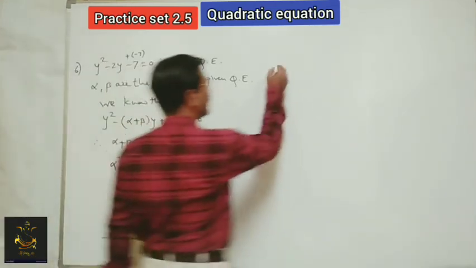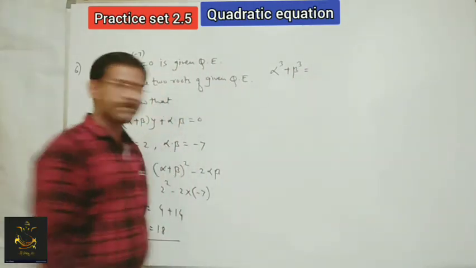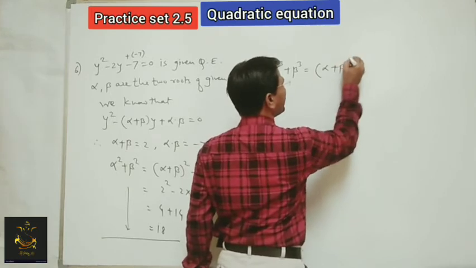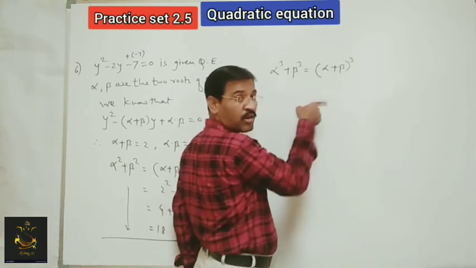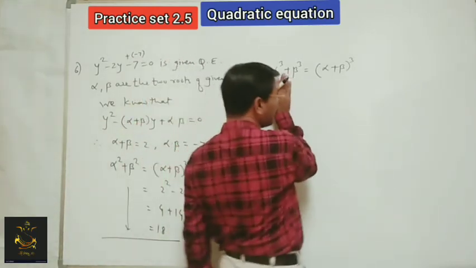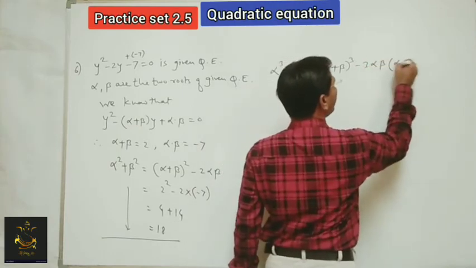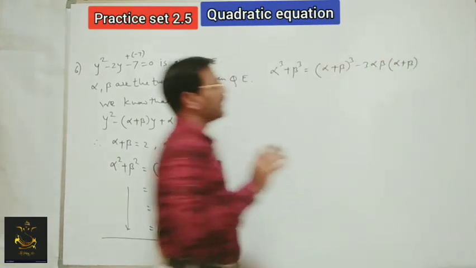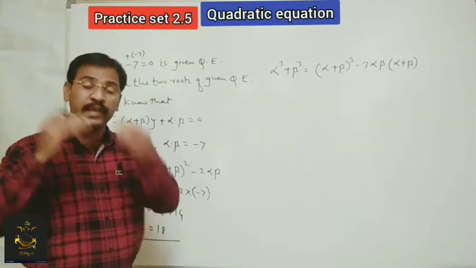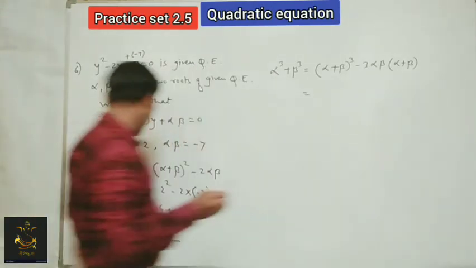Very similarly, alpha cube plus beta cube also we can find. What is this? Just as we discussed, (alpha plus beta) cube. The term which is extra is plus 3 alpha beta into (alpha plus beta). We don't need this one, that is why write minus 3 alpha beta into (alpha plus beta). Is it correct? So try to remember all these expressions. Now we'll put the values. What is alpha plus beta? Here it is 2.